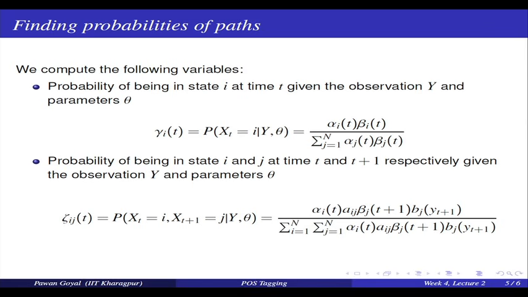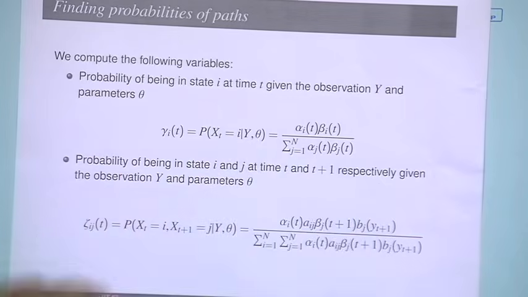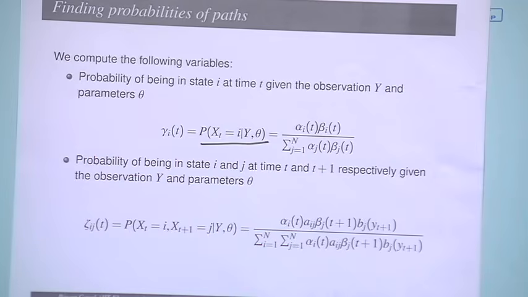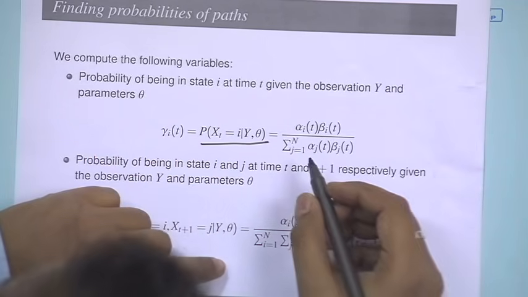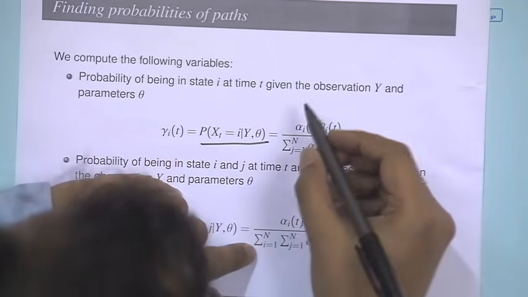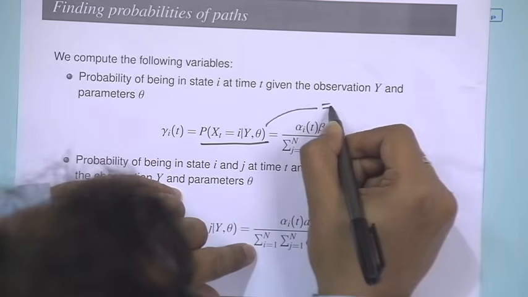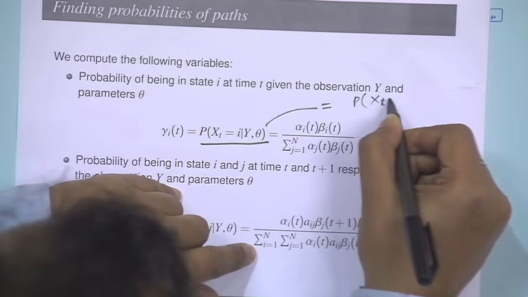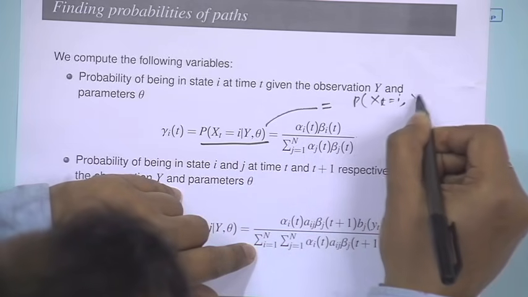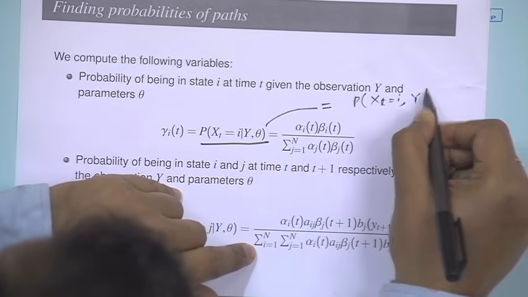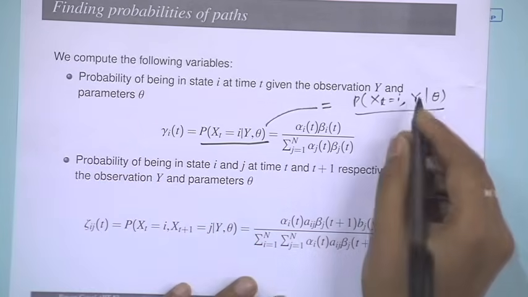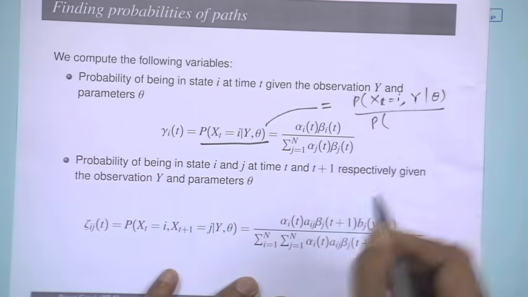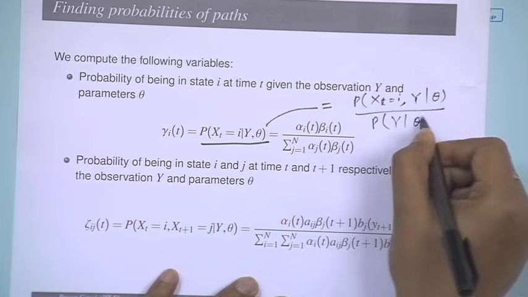Here, I want to compute the probability of x_t equal to i given y and theta. I will compute it using the probability of x_t equal to i, y given theta, divided by the probability of y given theta.